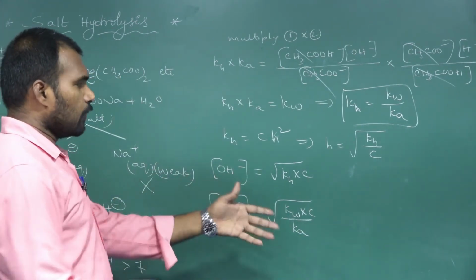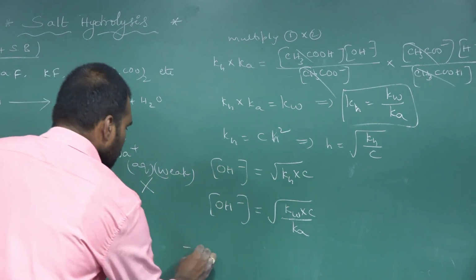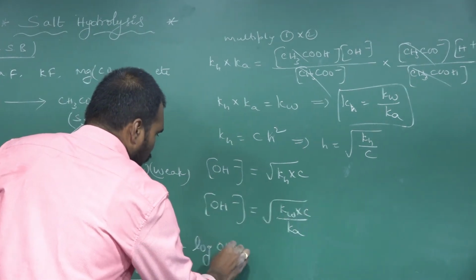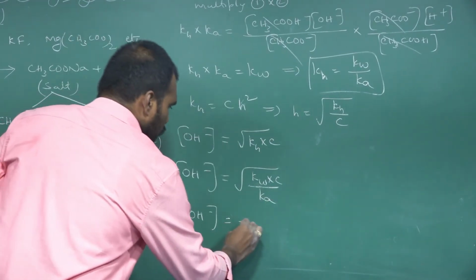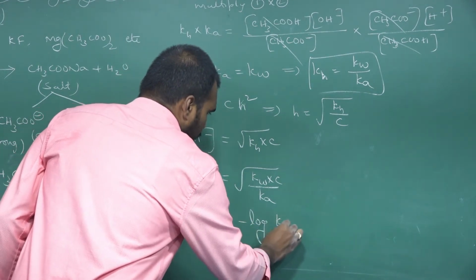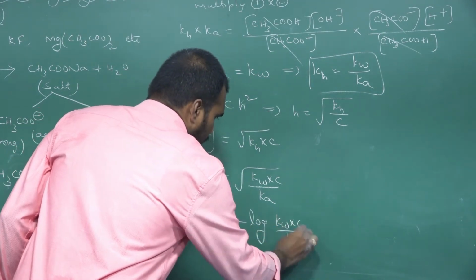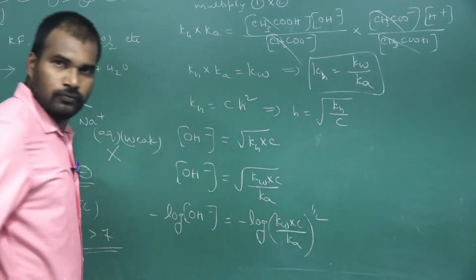Now same, multiply both sides by the negative log. So minus log of OH minus concentration is equal to minus log of Kw into C by Ka to the power of 1 by 2.